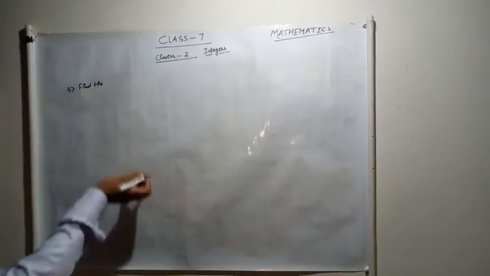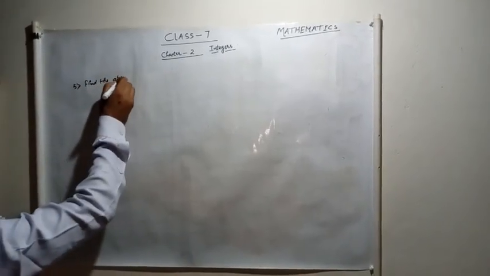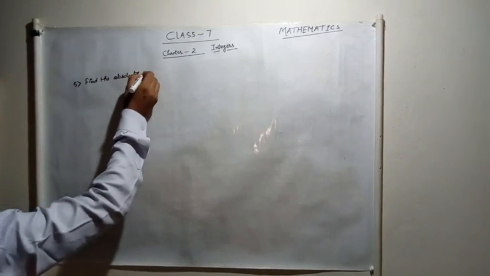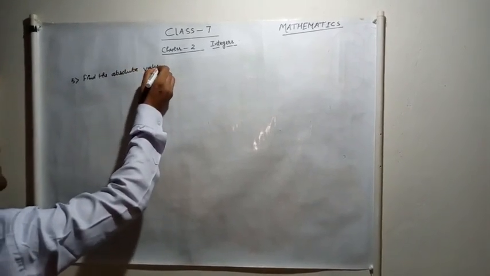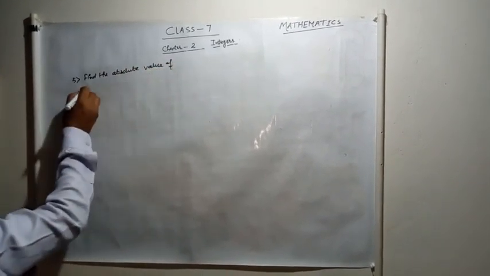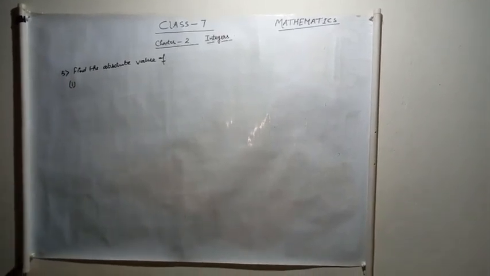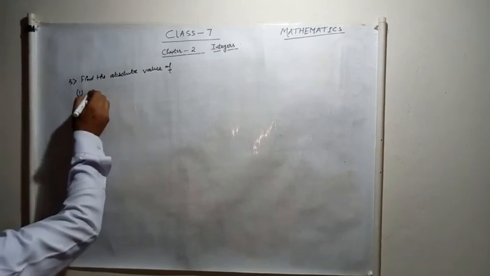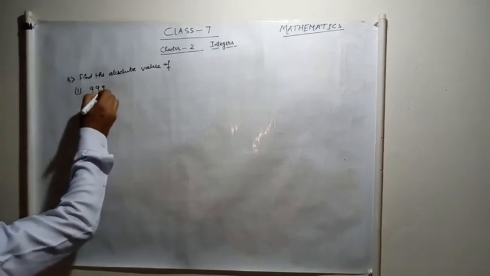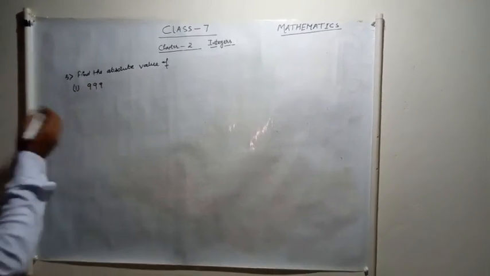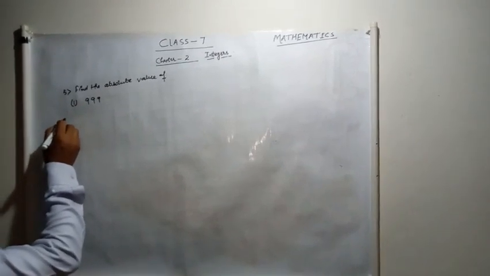Find the absolute value. The first question is 999. It is very easy to find the absolute value of this one.